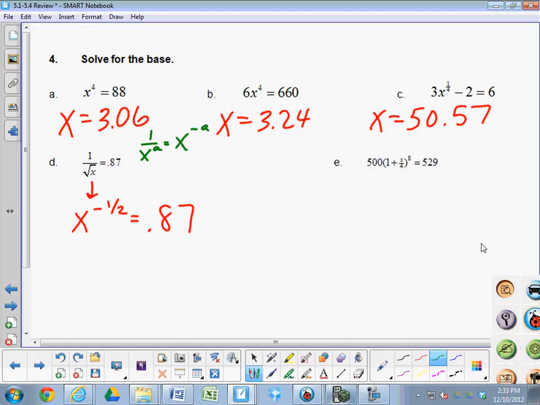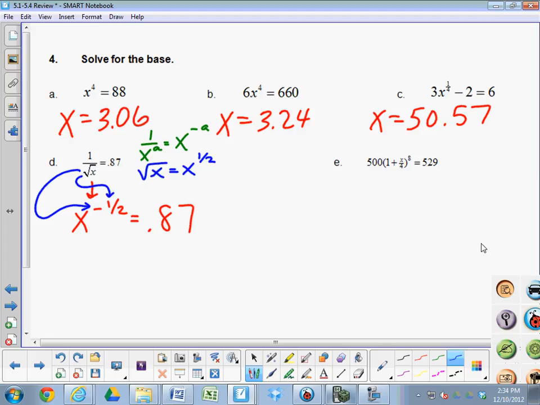The other rule that I incorporated is the square root of x is x to the 1/2. If you put both of those together, you get what I did. This was in the bottom, so it comes upstairs as a negative, and it was in a square root, so it's 1/2.